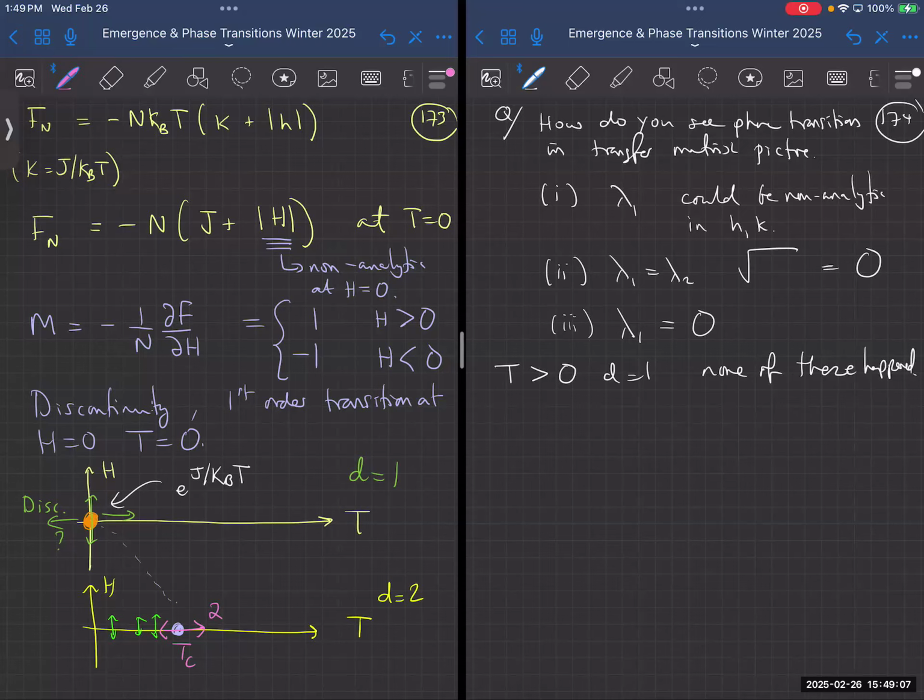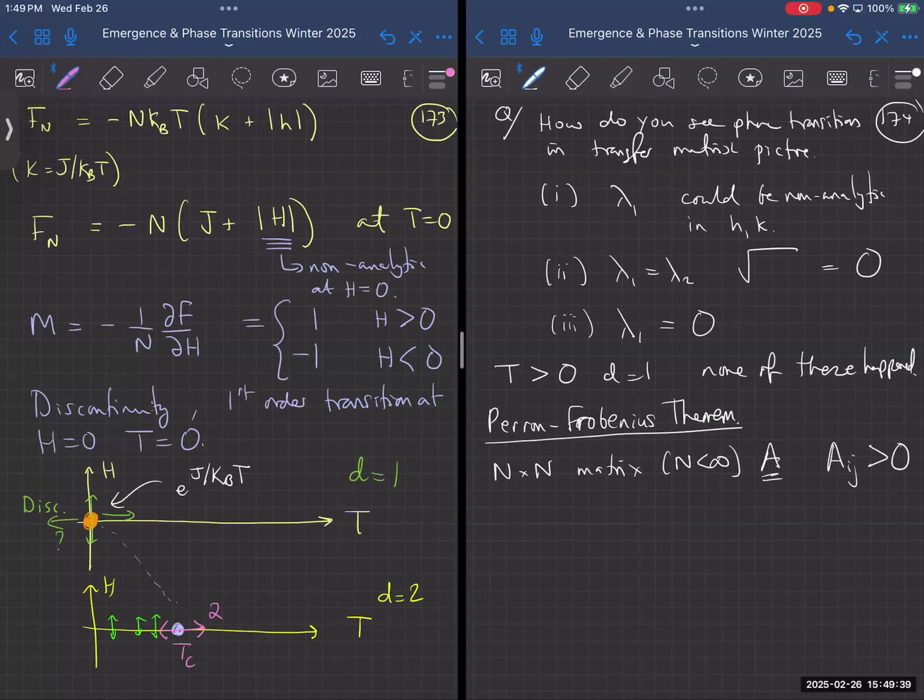But there's a theorem called the Perron-Frobenius theorem, which I'm not going to prove. It says, take an n by n matrix, N less than infinity, so let's call it A, and let it have positive definite matrix elements, Aij, for all i and j.